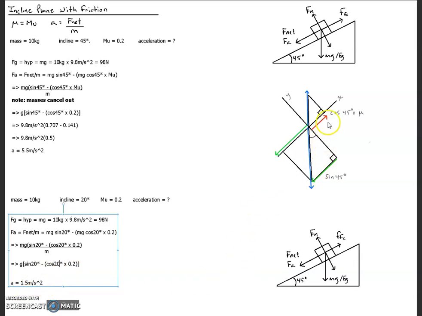Now, this is simply a concept, sort of a thought experiment, but we have a friction force here, which is opposing the force of acceleration.